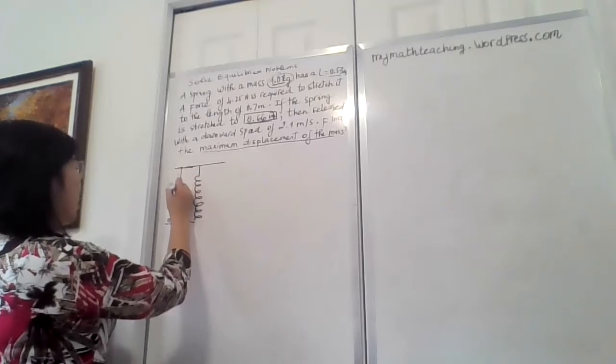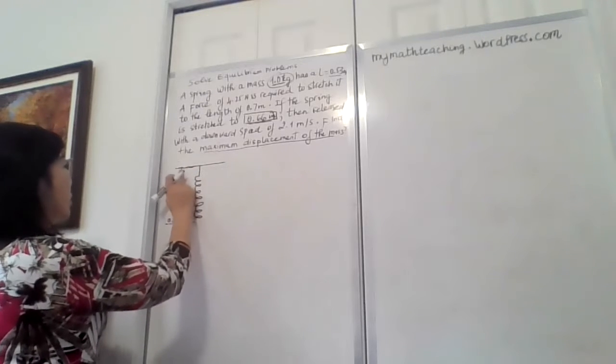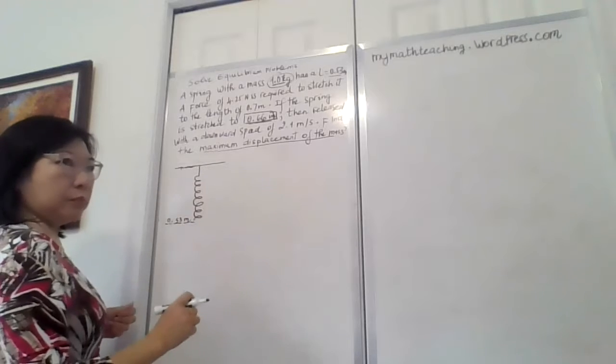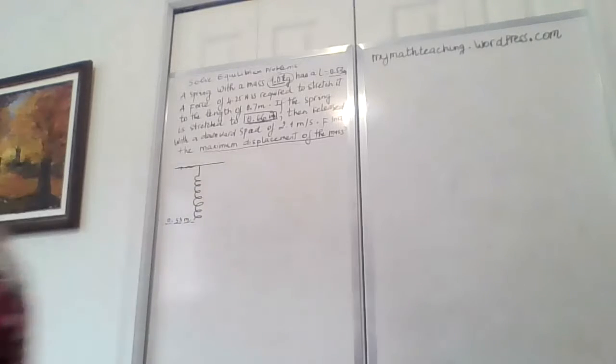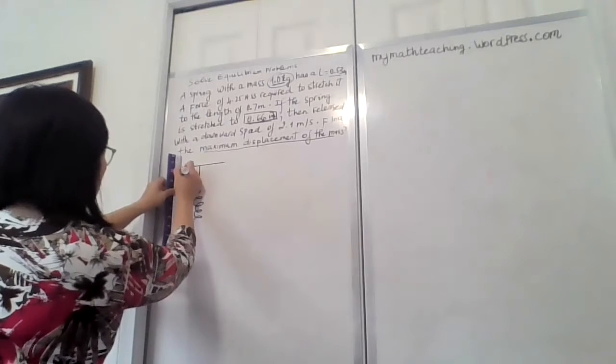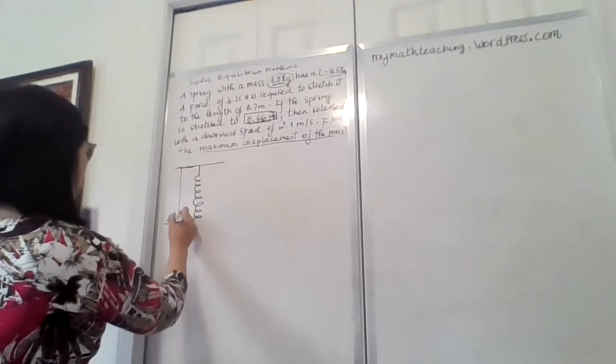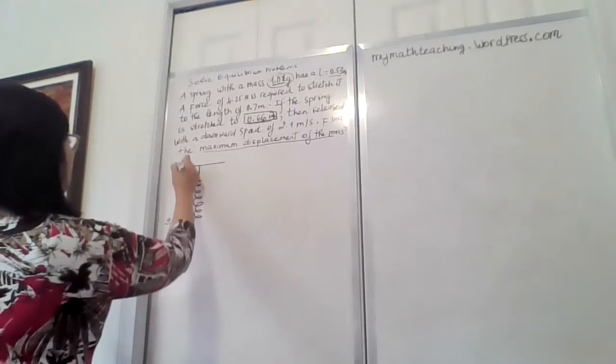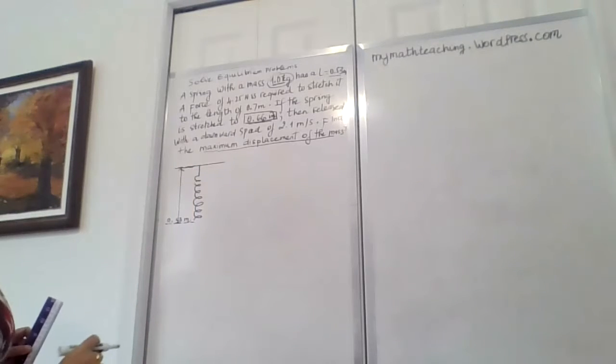So the length of the spring is 0.53 meters. From here to here is 0.53 meter.